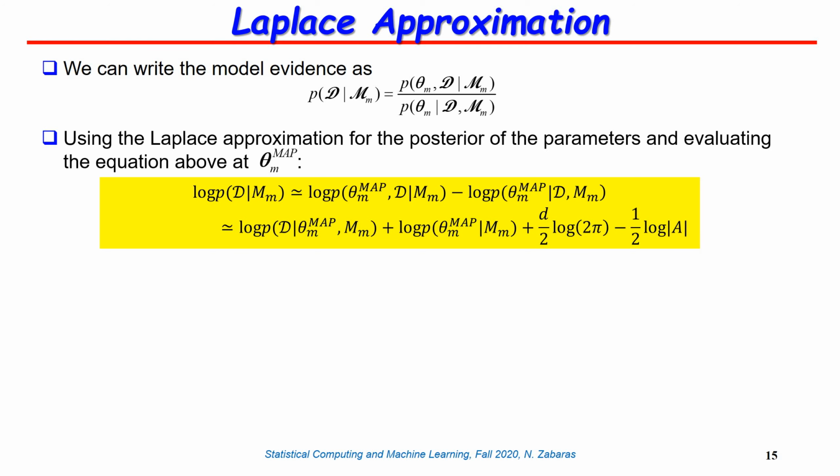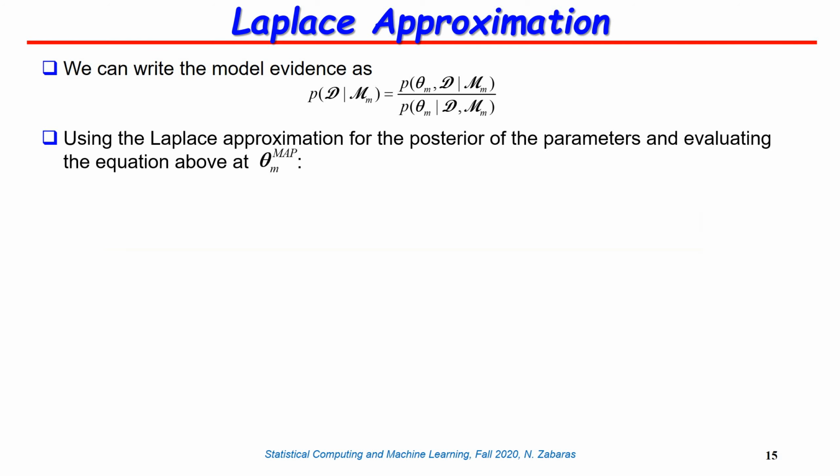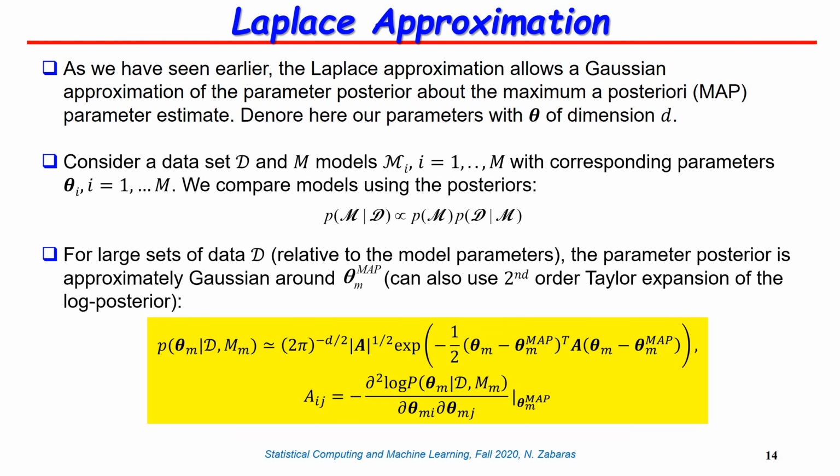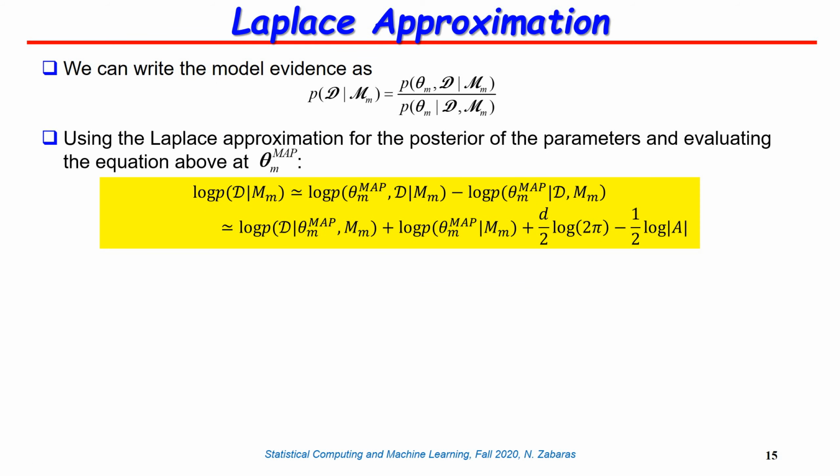Remember, at the MAP value, when you take logs of this posterior, you're going to get the logs of the normalizing terms, but this quadratic in the exponential will disappear, because you're going to have theta MAP minus theta MAP, so that will give you 0, and that's what you get here.